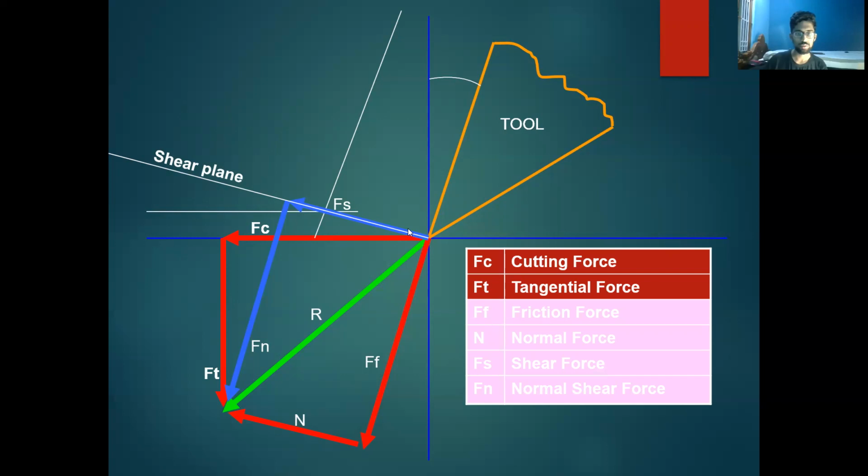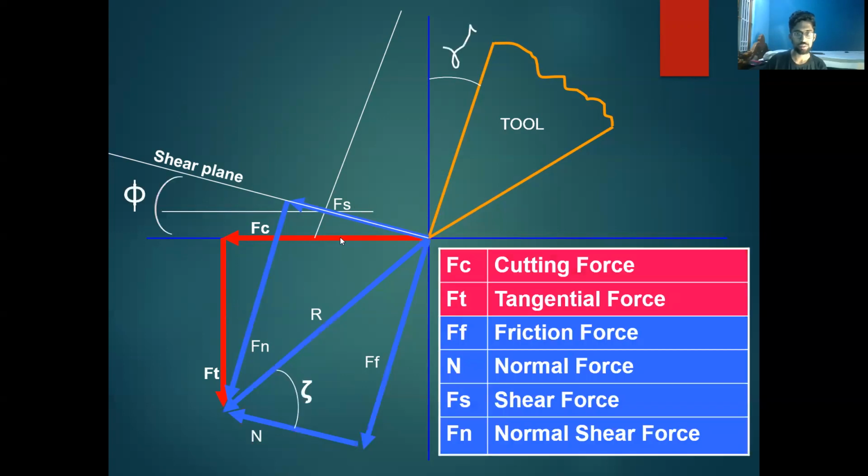You can see the shear plane, and Fs, which is the shear force, and Fn, which is connected from this line, is the normal shear force. In the notations, theta is the tool rake angle and the shear angle is also shown.